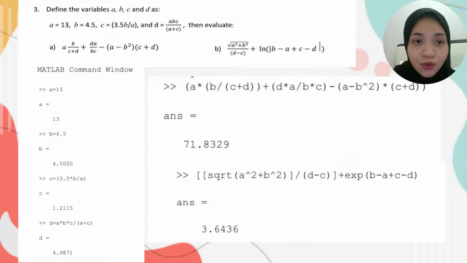Then evaluate. So in order to answer this question in MATLAB, firstly, in the command window, we must type all these variables that are given, which is a equal to 13, b equal to 4.5, c equal to 3.5, b over a, and d abc over a plus c.